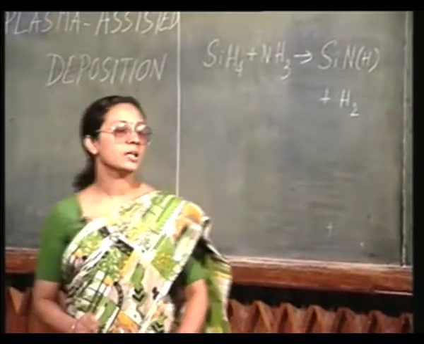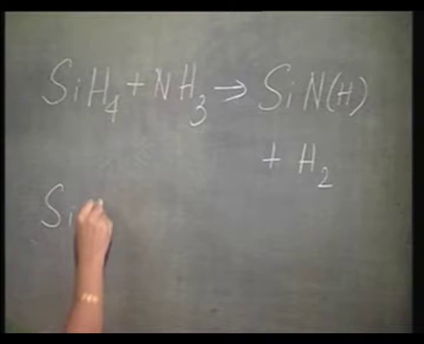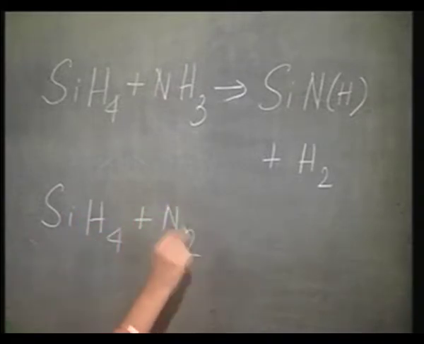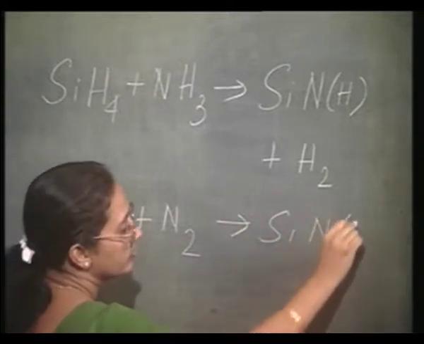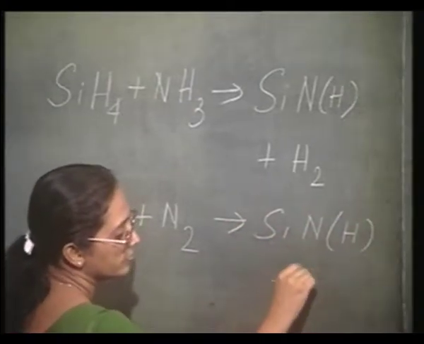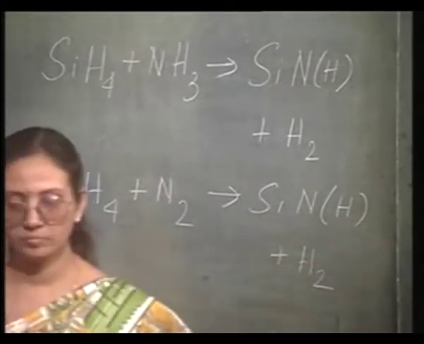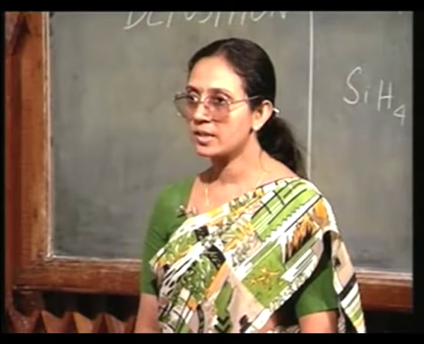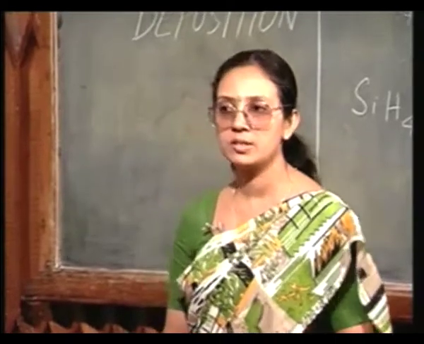Okay. The other possibility is, of course, you can have silane react with nitrogen, and again in this case you will have the same kind of product, and in both cases the temperature of deposition is going to be 250 to 350 degree centigrade.